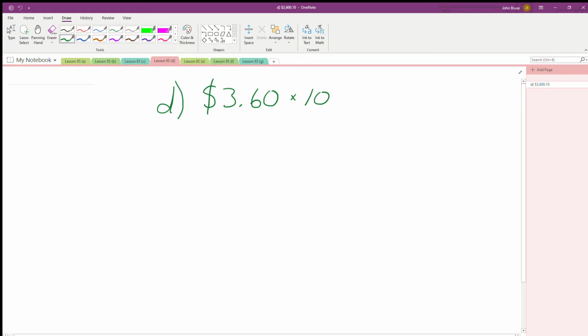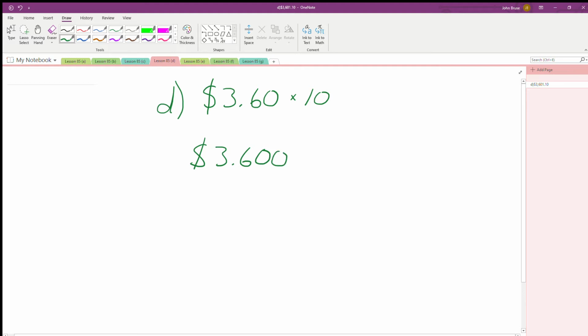For D, we have a money problem. So the first thing we want to do is put the $3.60 here. And then we're going to move this over one. Now, the simplest way to think about this is we're going to take this 0 and add it here.